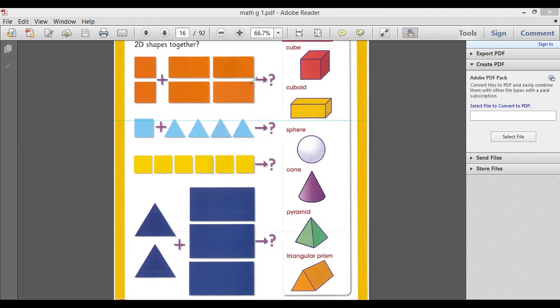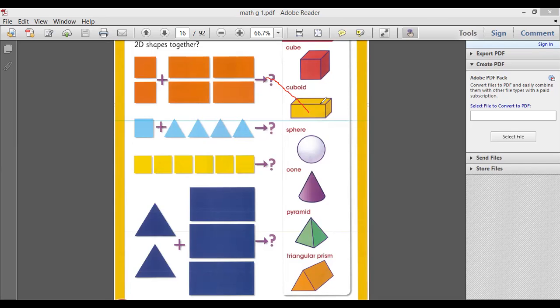Two squares and four rectangles make cuboid. From the sides we have two squares and four rectangles from up and down and from this side. So cuboid is formed.